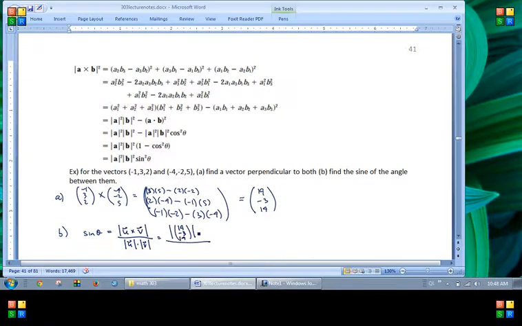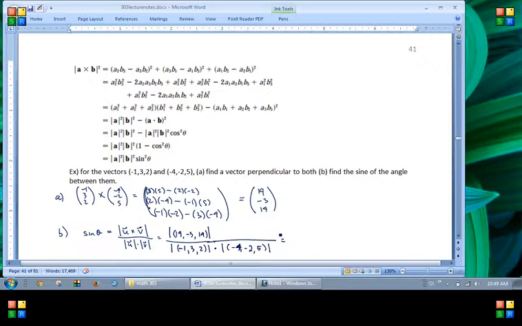This is a little messy, so it's going to be easier to write this as a row vector. 19, negative 3, 14. And we want the magnitude of that divided by the magnitude of the first one, negative 1, 3, 2, times the magnitude of the second one, negative 4, 2, 5.